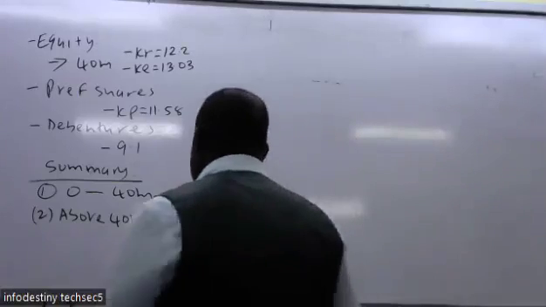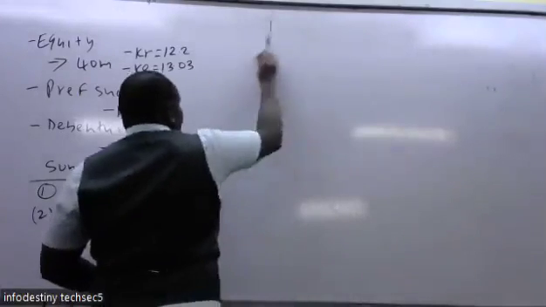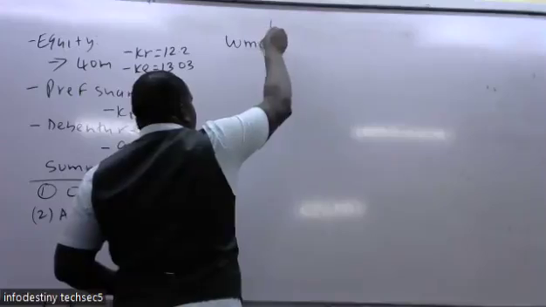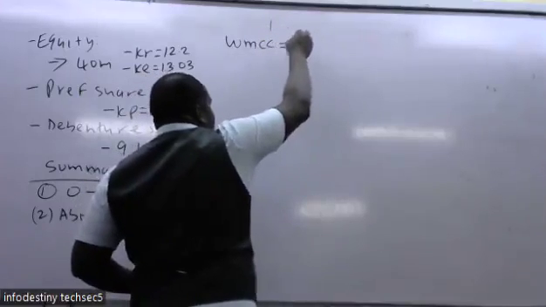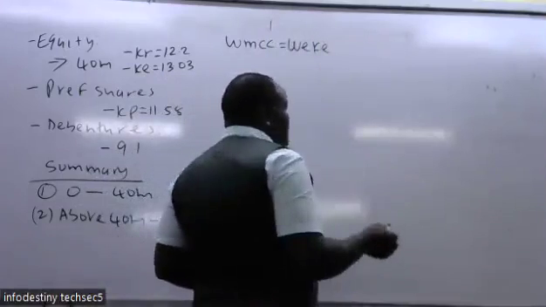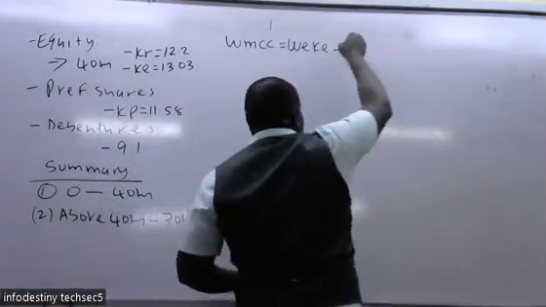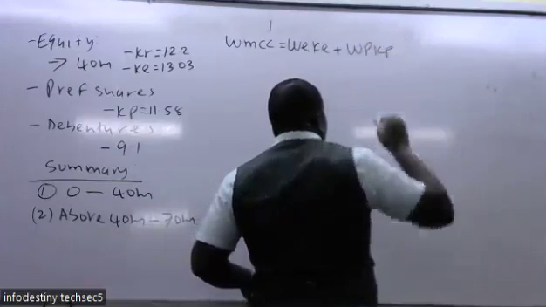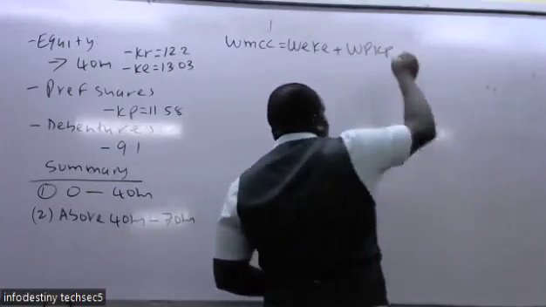So once you have summarized that, we want to compute WMCC. For WMCC, we get the weight of equity times the cost of equity. You add the weight of the preference shares times the cost of the preference shares.